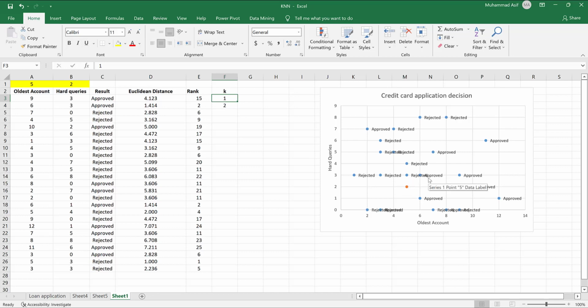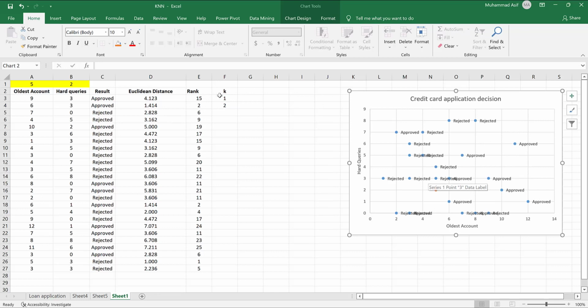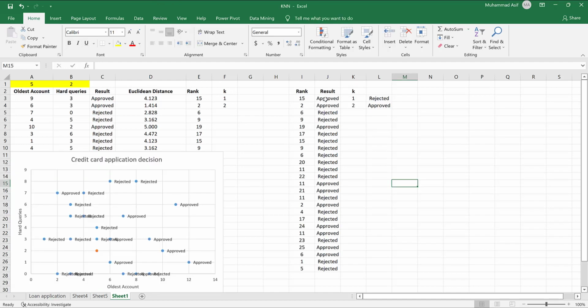We will use the VLOOKUP function to search these numbers in our ranking and then to pull out the value about the decision, whether approved or rejected. And to use the VLOOKUP function, we need to organize data in a specific format. I have organized data here, and I have chosen only 2 columns, that's rank and results.